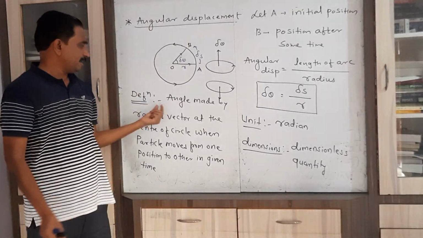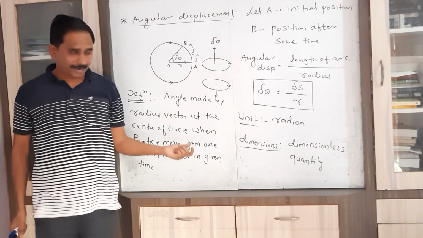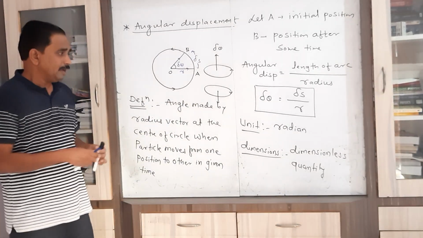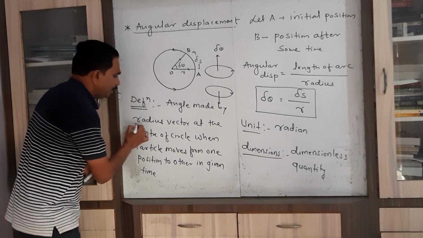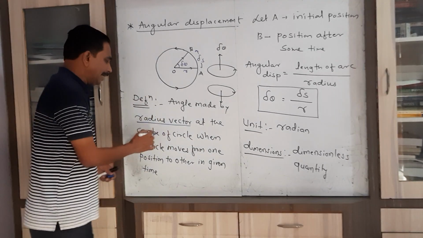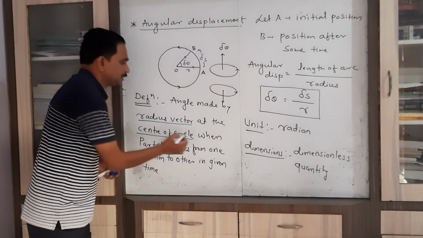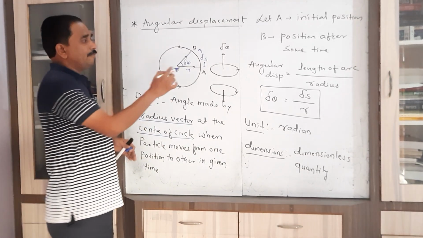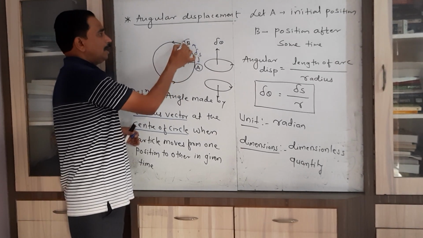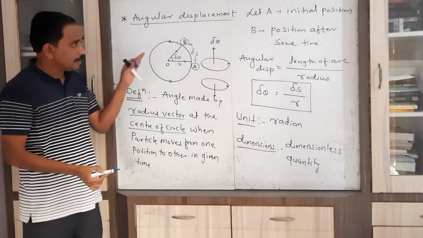So that's why I write here the definition as the angle made by a radius vector at the center of the circle, when that object moves from one position to another in a given time.